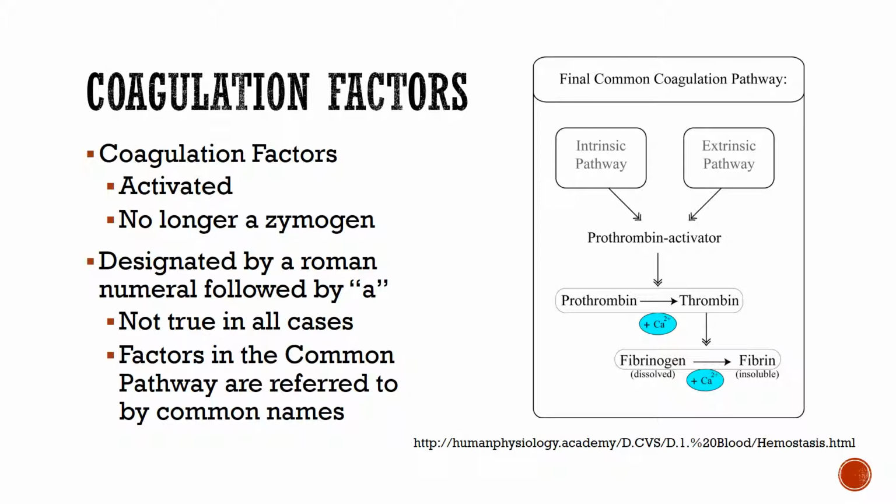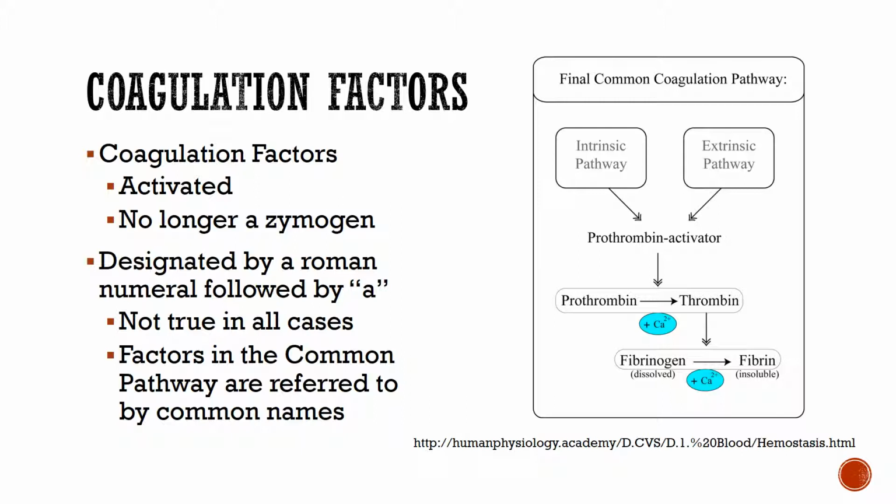As discussed in the previous slide, once factors are activated, they are designated by a Roman numeral followed by a small a. Except in most of the common pathway factors. In the common pathway factors, as you can see in the diagram to the right, the synonyms are used and not the Roman numerals.